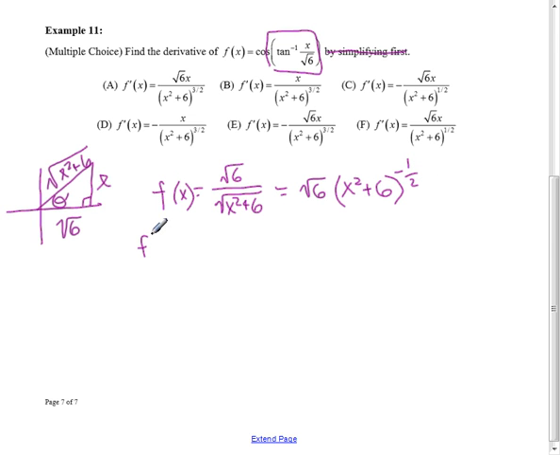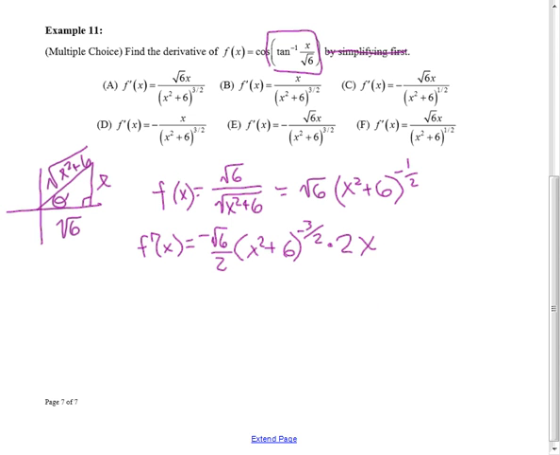Alright, so the derivative of f would be negative 1/2 times square root of 6, negative square root of 6 halves, times x squared plus 6 to the negative 3 halves, because don't forget to subtract 1 from your power, and times the derivative of the inside, which would be 2x.